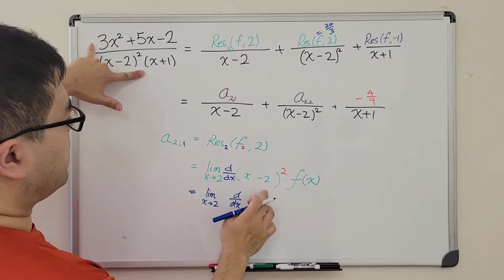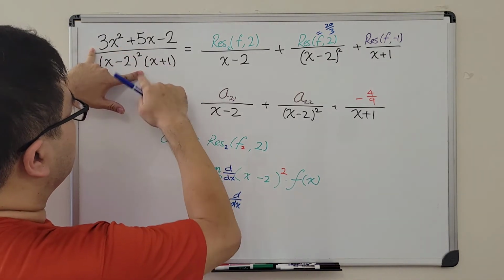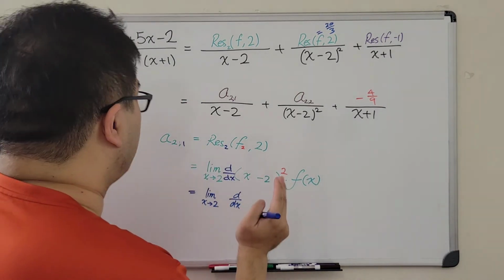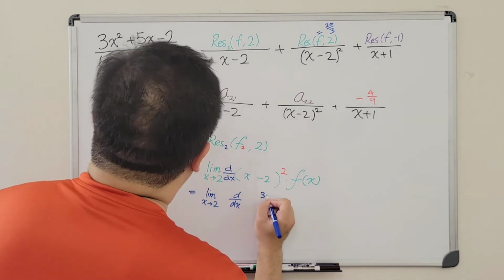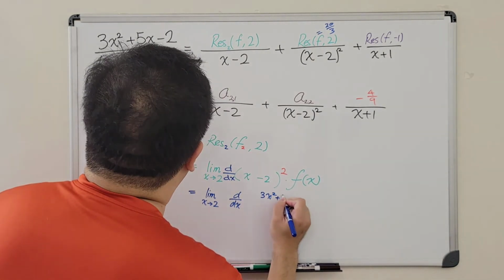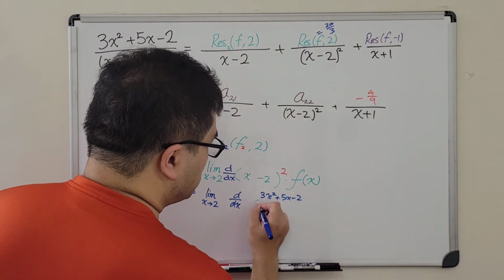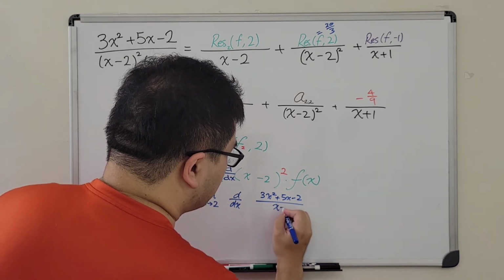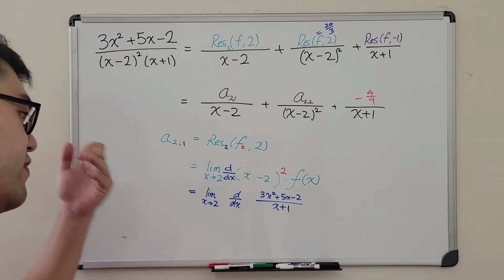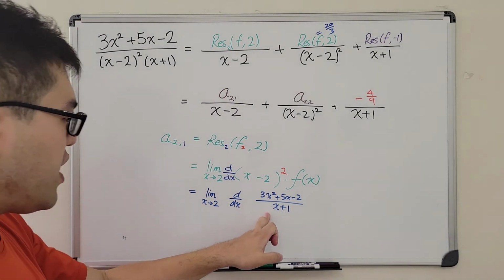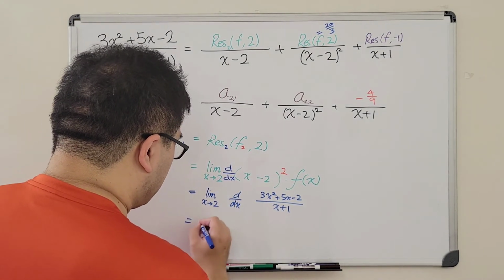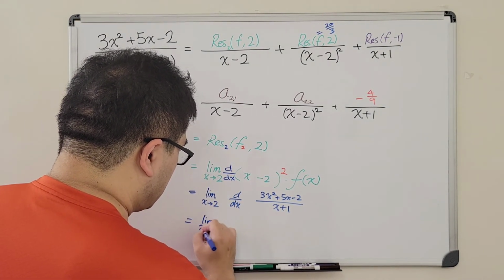Again, using the covering method, we cancel the x minus 2 squared, ending up with 3x squared plus 5x minus 2 all over x plus 1. And the derivative of this fraction is, let me see, I actually don't remember.